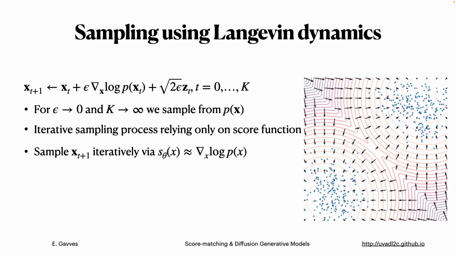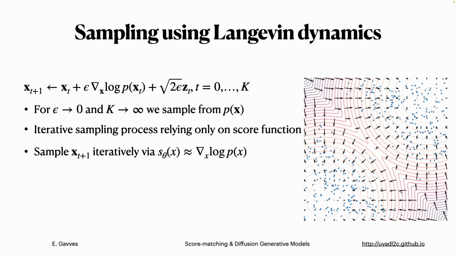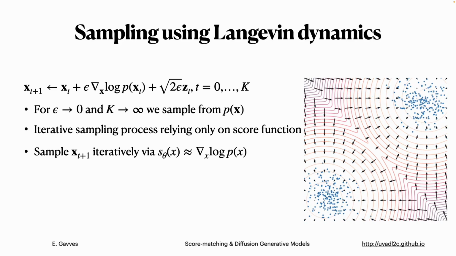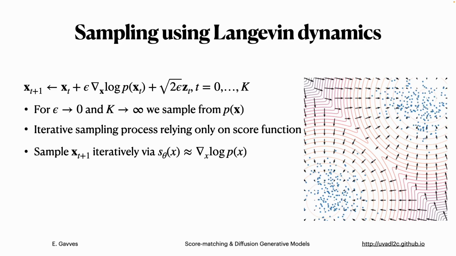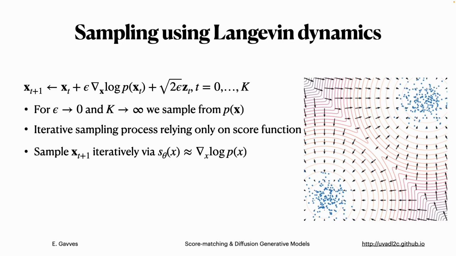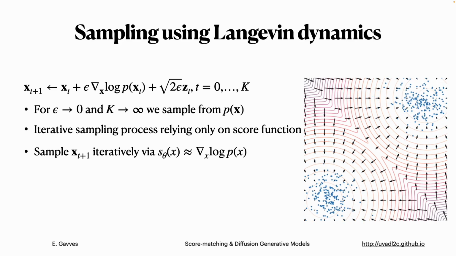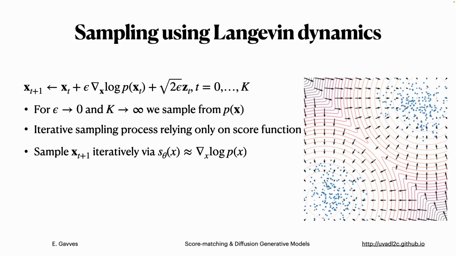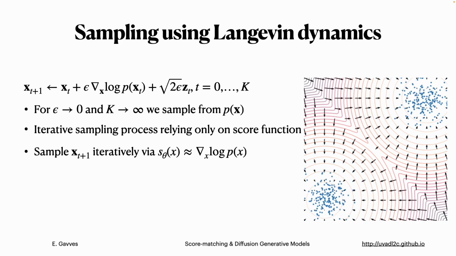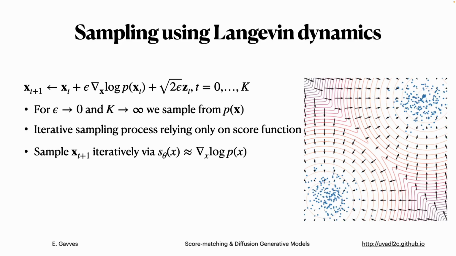This is an iterative process. Let's say at t0 we call this x0, so we start from the noise variable. We obtain the score function estimate at t0, and at t plus 1 we use the previous one: for x2 we use x1, and for x3 we use x2, and so forth.